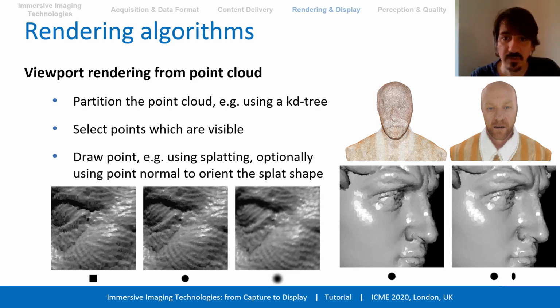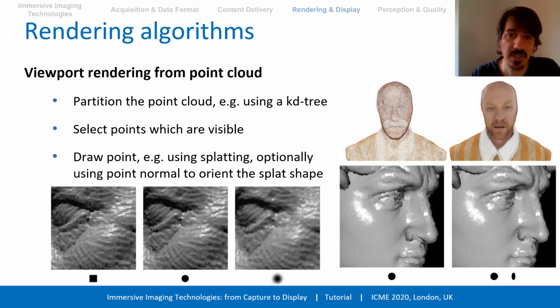And finally, the orientation of the splat, that we can, for example, orientate towards the normal of the point cloud, as shown on the bottom right. So in this bottom right image, we have on the left the splats which are all oriented towards the camera, and on the right they follow the orientation of the normal, and we can see that the edge of the nose, for example, is more straight.